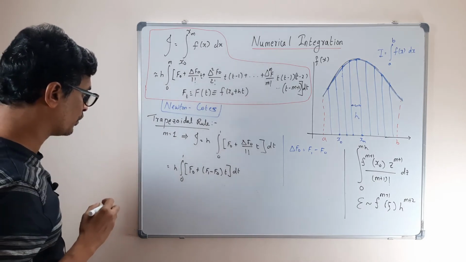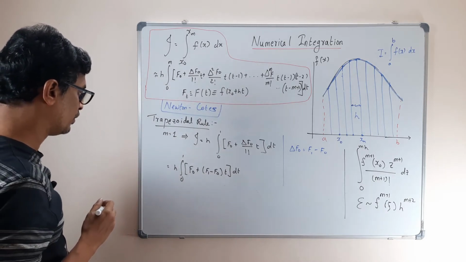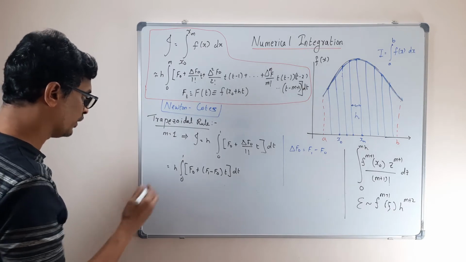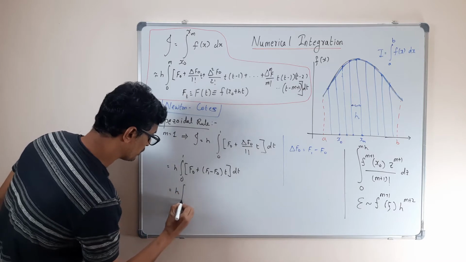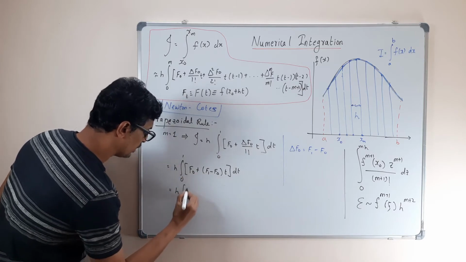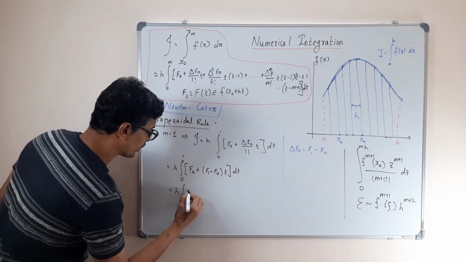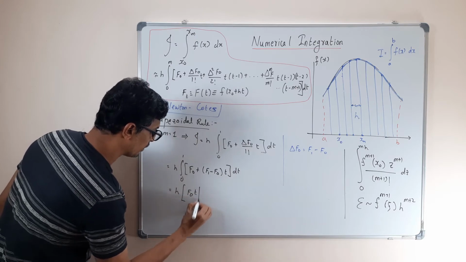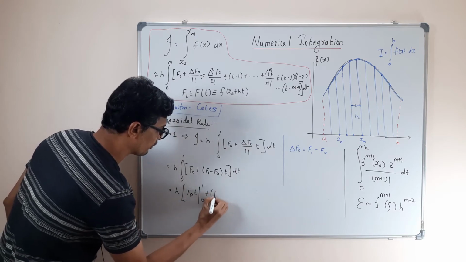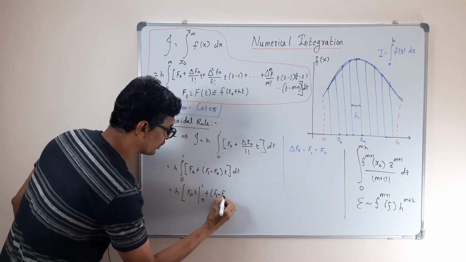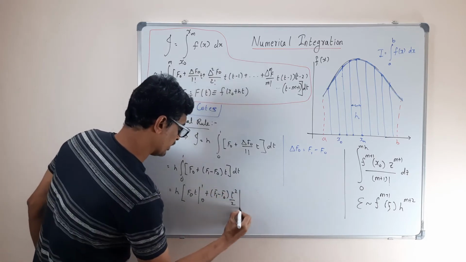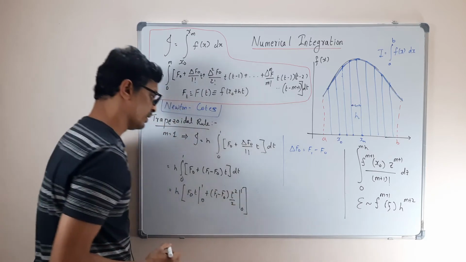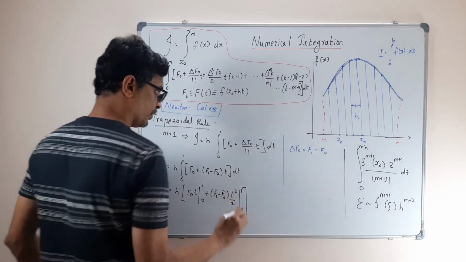Let us do this integration. So h into, this is f0 t, so f0 into t from 0 to 1, plus f1 minus f0 times t square by 2 from 0 to 1, and that's what the integration is.